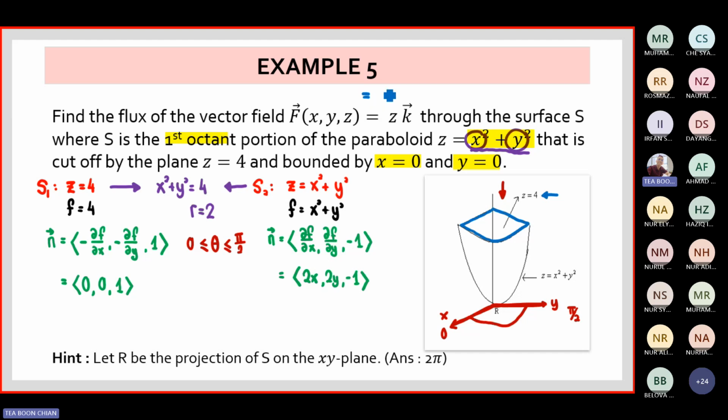So vector F is actually 0, 0, and z. In other words, F is just like 0i plus 0j plus z of k. So the constant coefficients are 0, 0, z here.